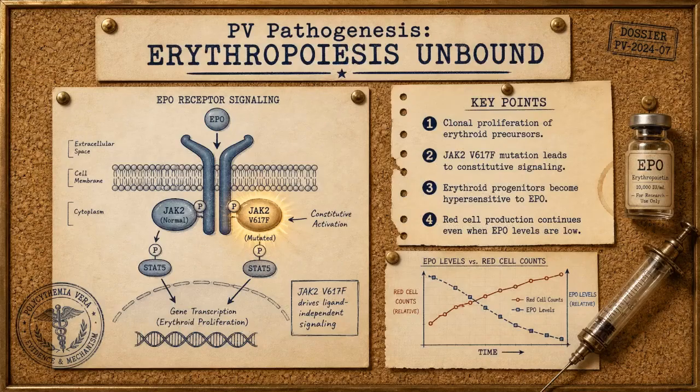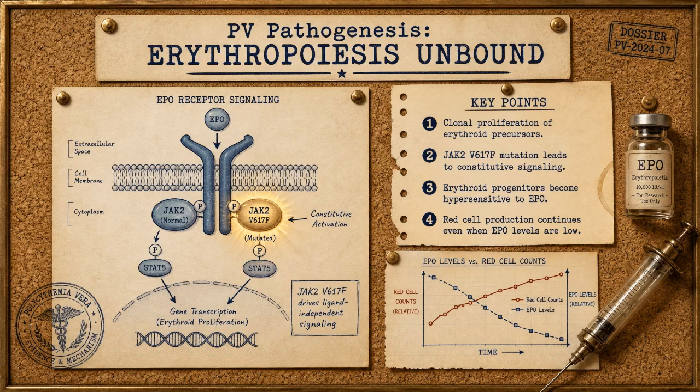Alright, histotechs, let's delve a bit deeper into the how of polycythemia vera, its pathogenesis. We've established that PV is a red cell party gone wild, driven primarily by the JAK2 mutation. At its heart, PV is a clonal disorder, starting with one mutated hematopoietic stem cell that gains a growth advantage. The key mechanism is the constitutive activation of the JAK-STAT pathway.